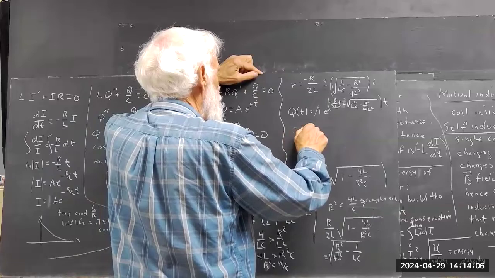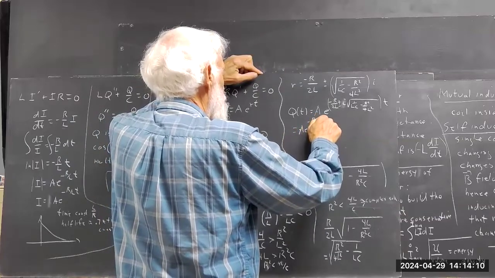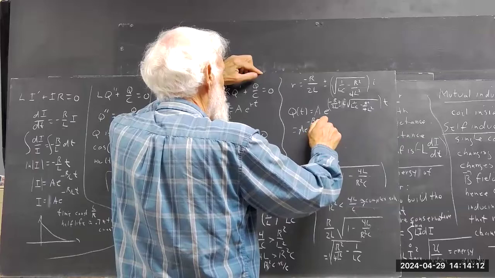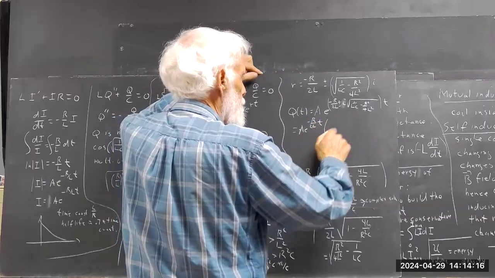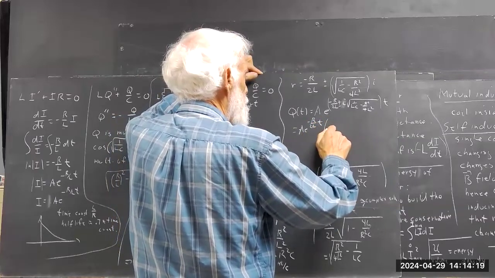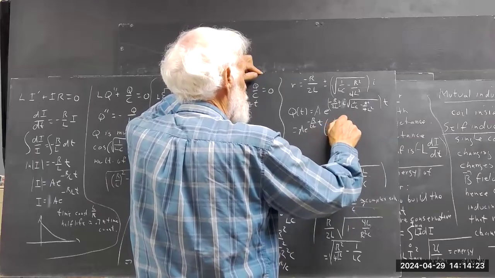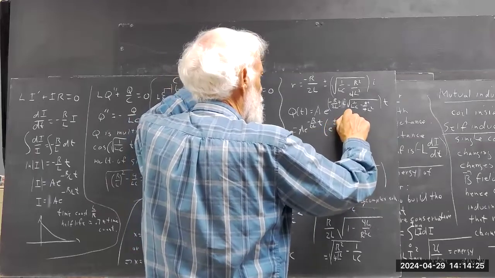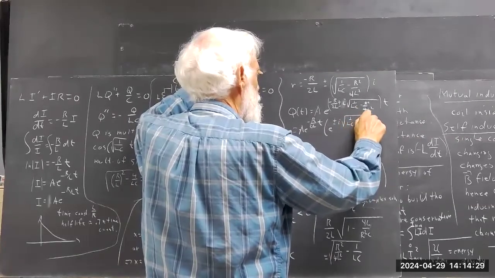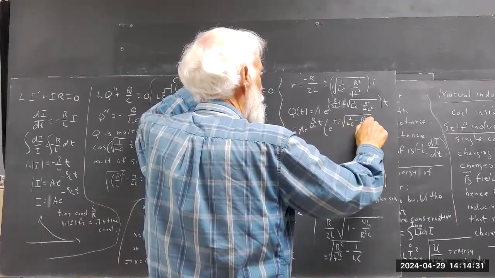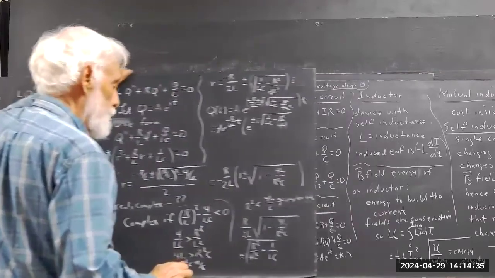And this is A e to the negative R over 2L t, multiplied by e to the plus or minus i times the square root of this.